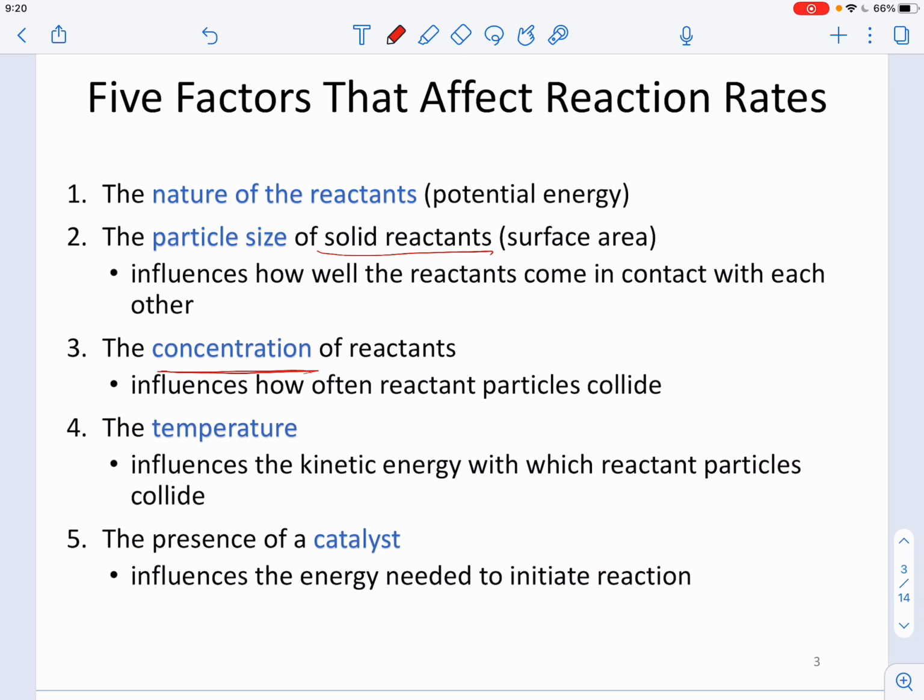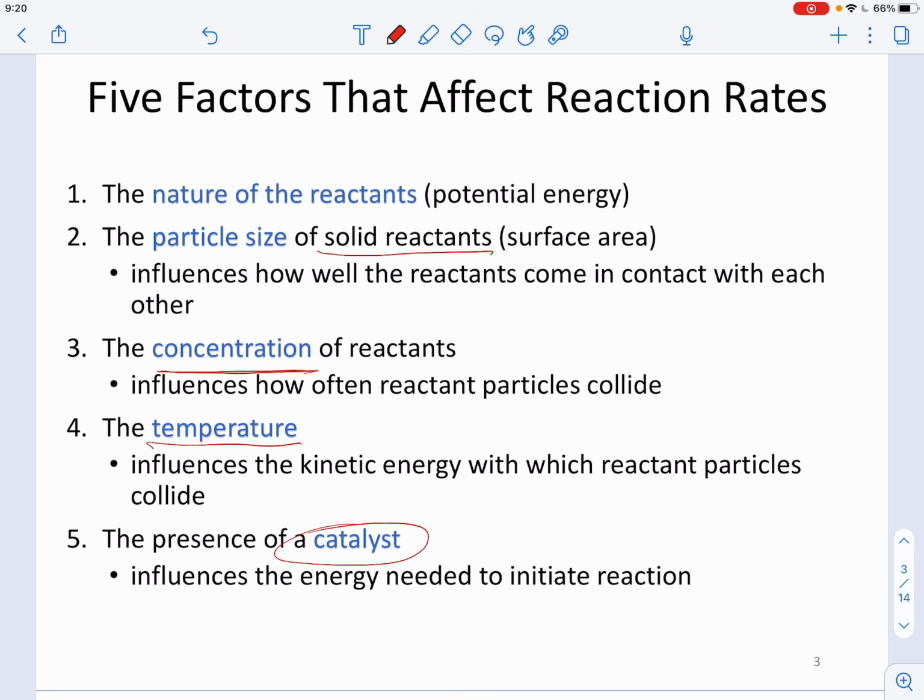Concentration of reactants. Usually the impact of the concentration of reactants is, well, if you have more, then the reaction goes faster. Okay. Temperature. The reaction happens because these molecules come into contact. The more energy they have, the more successful that contact will be, and that's why temperature usually increases the rate of a reaction.